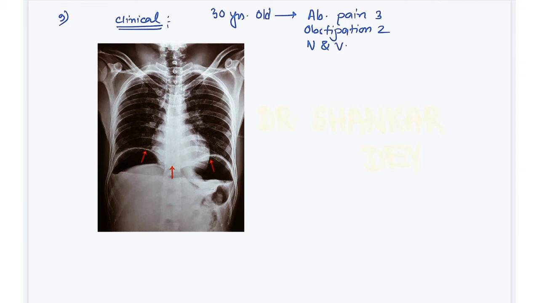On straight X-ray abdomen or chest X-ray, this is the result. So what is the diagnosis?